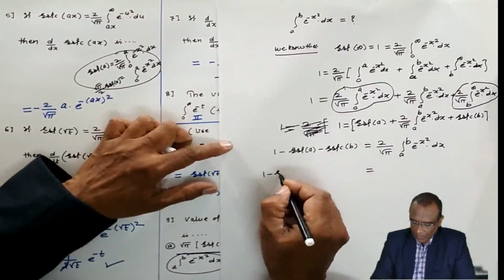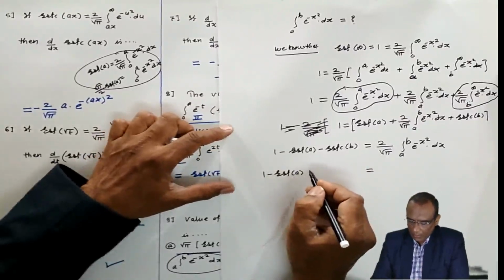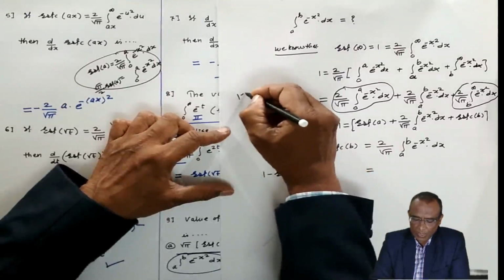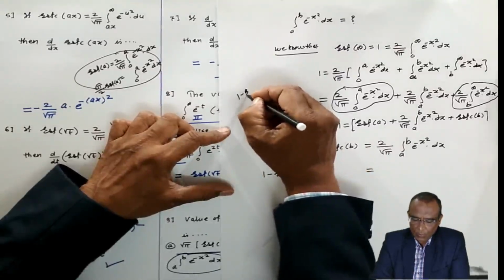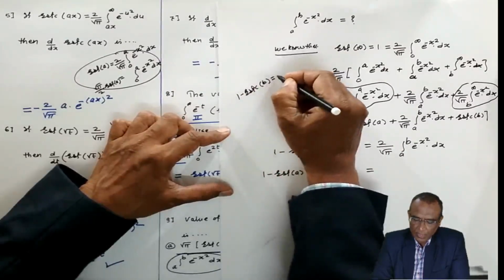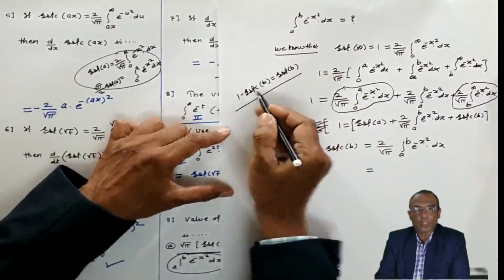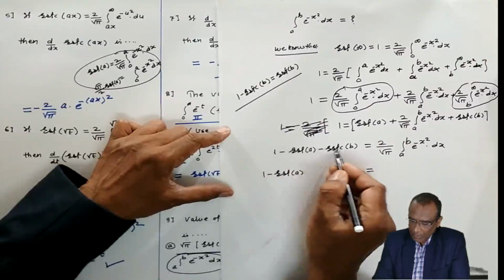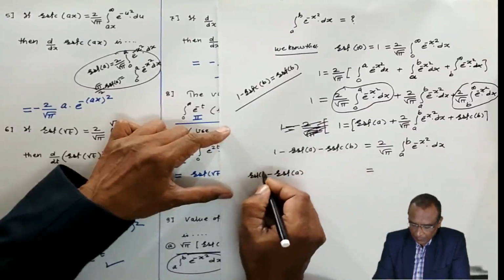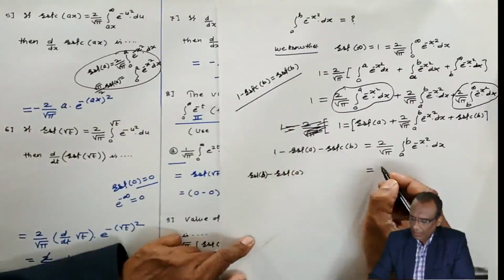Here, 1 minus complement of error function of b is error function of b. This formula we have written there. Means error function of b minus error function of a is the right hand side.